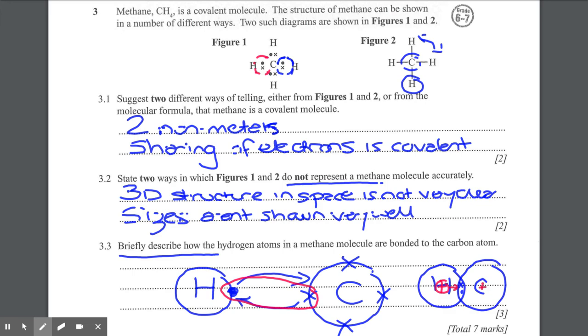The carbon nucleus attracts to those pair of electrons, and it's via an electrostatic attraction between the two nuclei and the pair of electrons that holds that bond together.